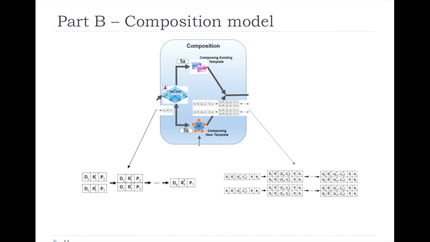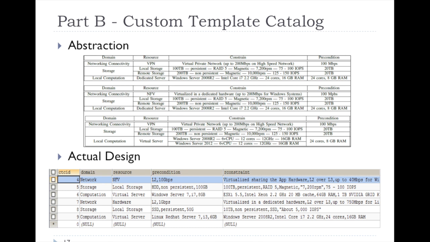If there is an available solution, we give that to a user. Initially, if the catalog is an empty one, we just create a custom template and save the solutions to the custom template catalog. The abstraction looks something like this, which is we have domain, resource, constraint, and precondition. The constraint is coming from the R space. Domain, resource, and precondition are coming from the macro operator.